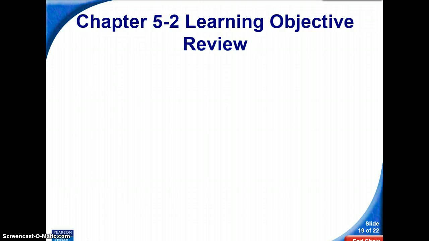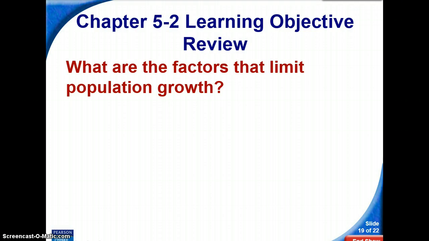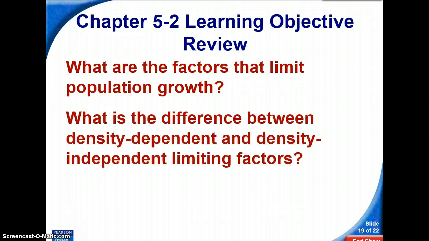So now we have our learning objective review for Chapter 5, Section 2. First review question is, what are the factors that limit population growth? Well, we have two different factors, remember. There's the density dependent limiting factor, and there's the density independent limiting factor. What is the difference between them? The density dependent factors only operate when population density reaches a certain level.